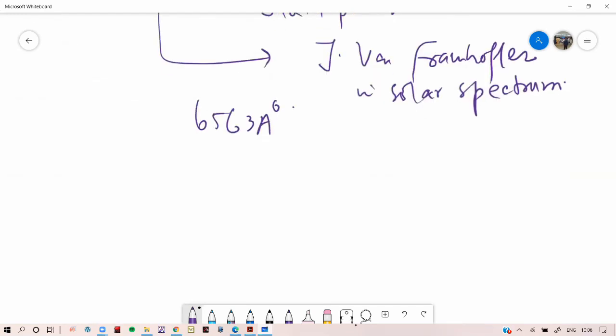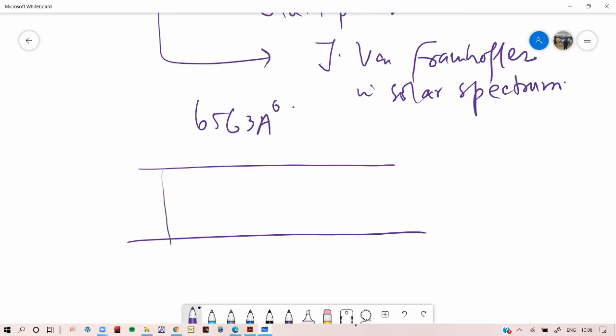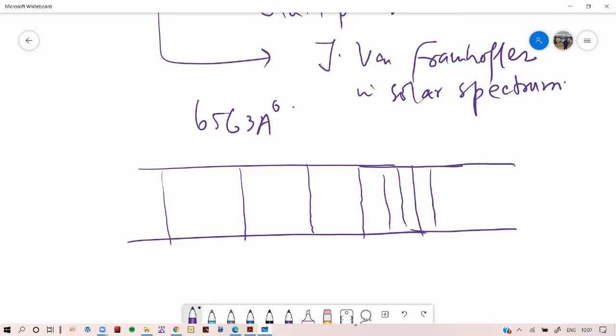We can draw how the spectrum looks. If we have one line here and another here, we have H gamma, H delta. There are more lines beyond H delta, and there is a series limit here, which occurs below 30,000.